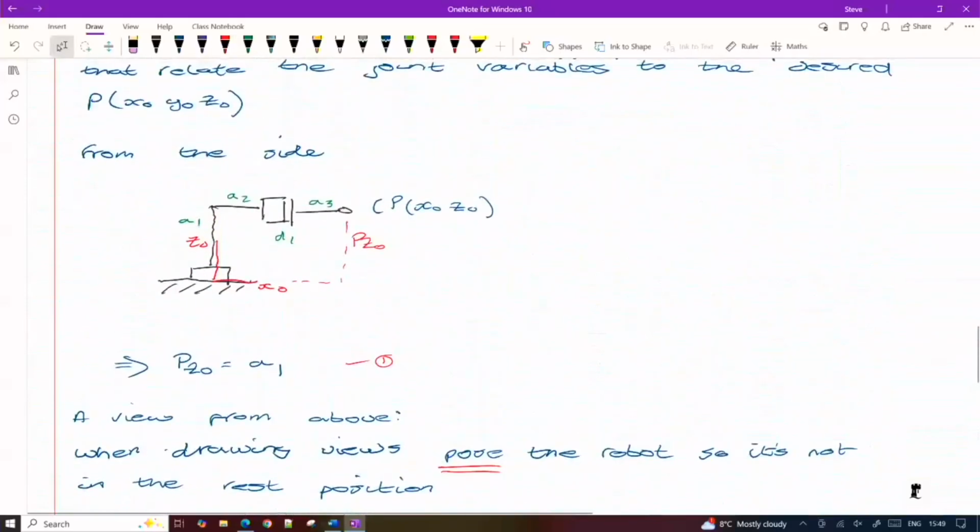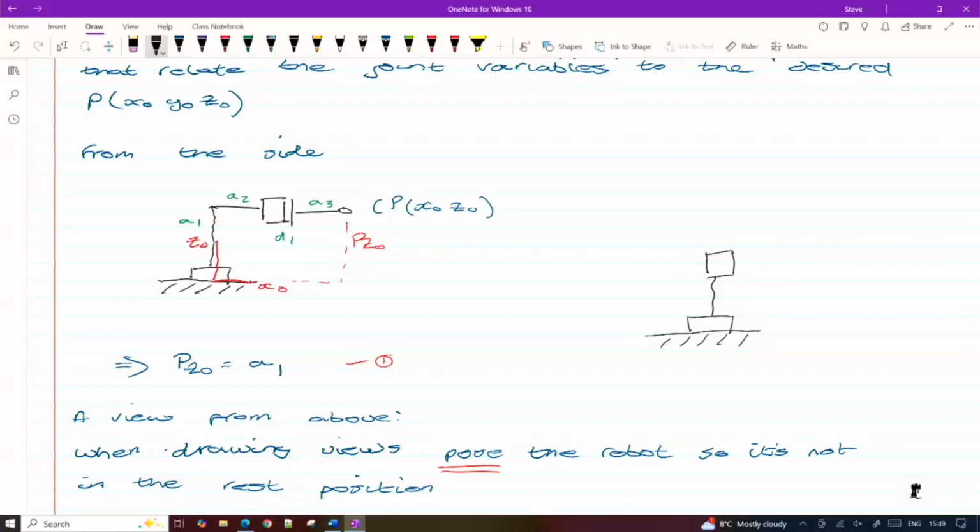So that robot is one that we haven't really seen before as such. It's a bit of a made-up manipulator. But if you think of what we've got here, if we reduce A2 to 0, for example, we end up with a rotational joint.